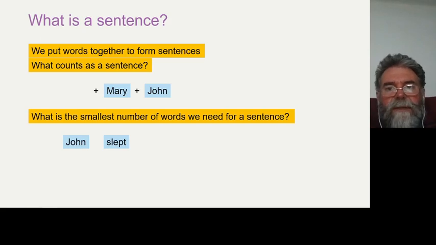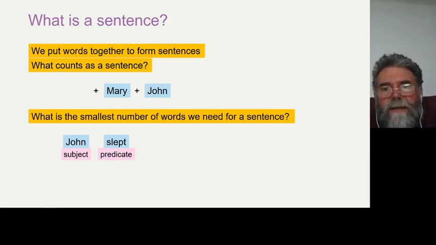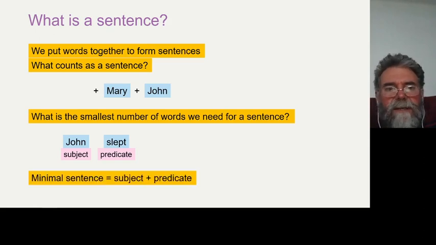So John slept is a sentence. And generally it's accepted that we need at least these two parts to form a sentence. The first part is usually referred to as the subject, and the second, the predicate. Okay, so we need at least two elements, a subject followed by a predicate, in order to make a sentence. So the minimal sentence then consists of a subject followed by a predicate.